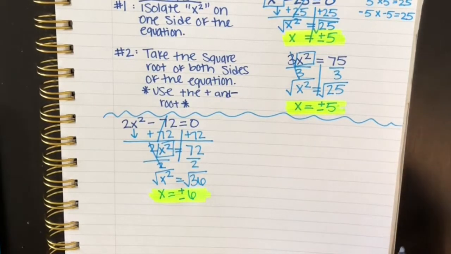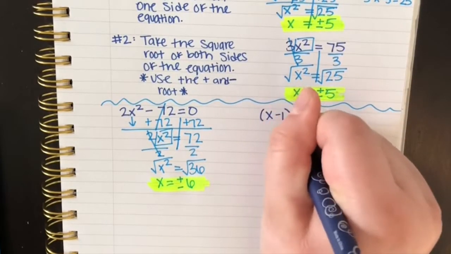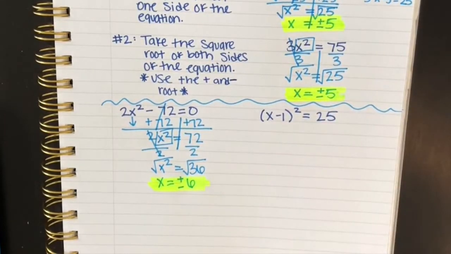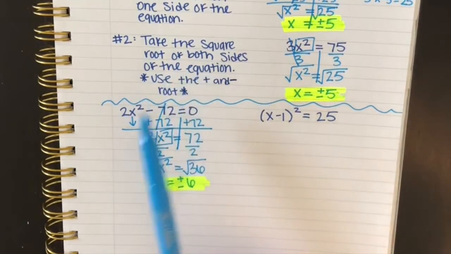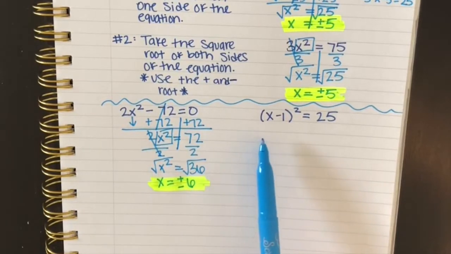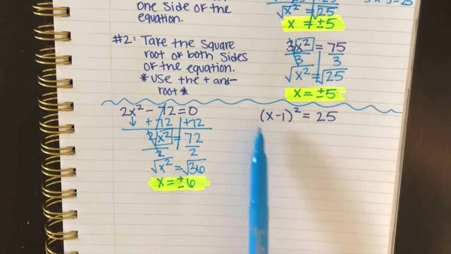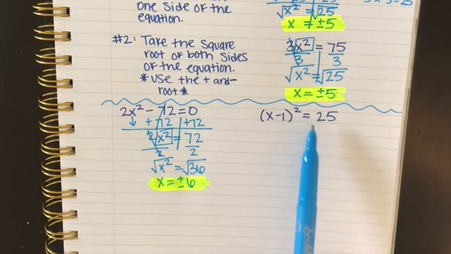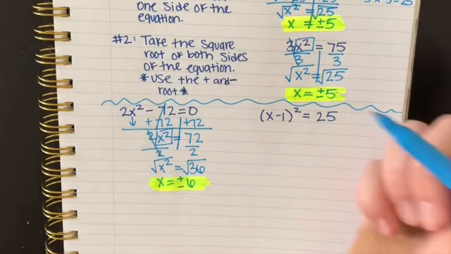All right, we could have another situation where we have a problem that looks like this. X minus 1 squared equals 25. Okay, and here, so we look at our step 1, isolate x squared on one side of the equation. Okay, but if I look, I have x minus 1 squared. Everything inside the parentheses is going to act as our x. This is already squared, equals 25. So we're actually going to move on to step 2, which is to take the square root.